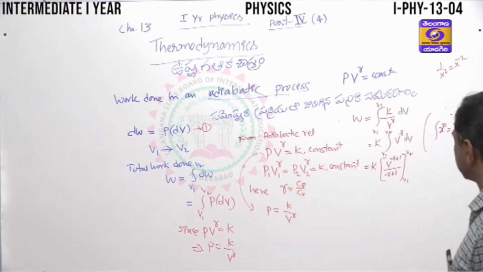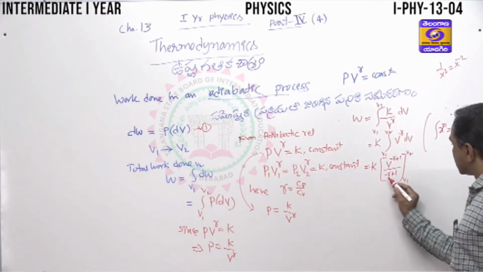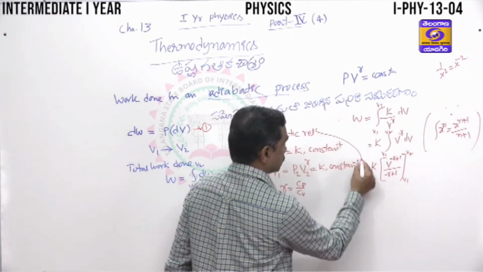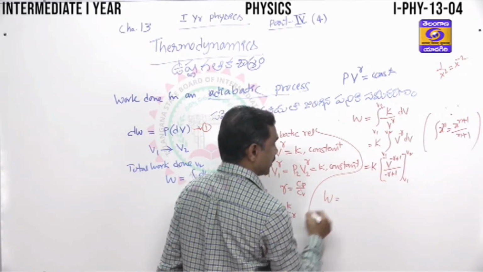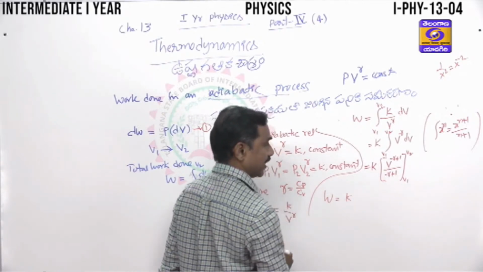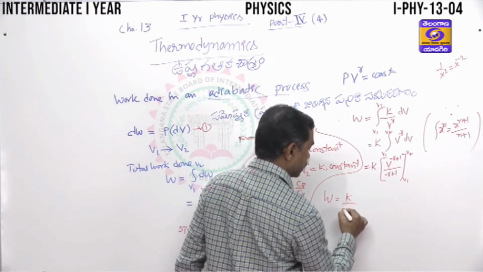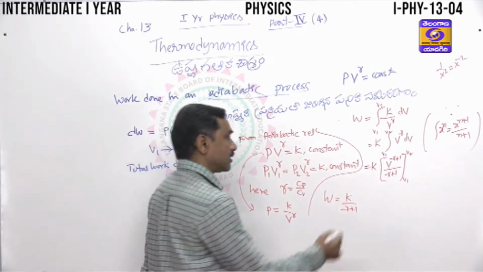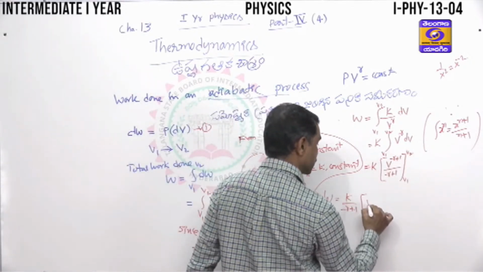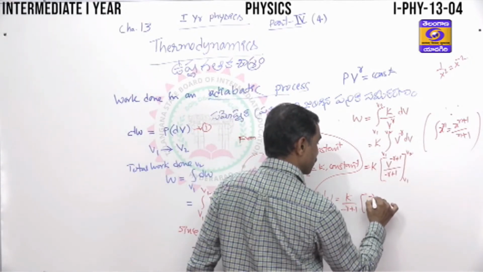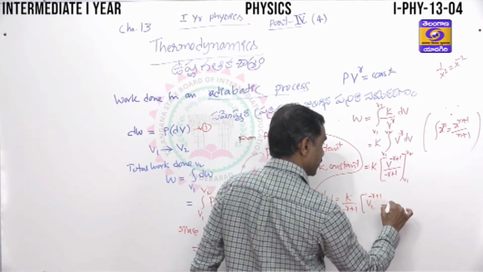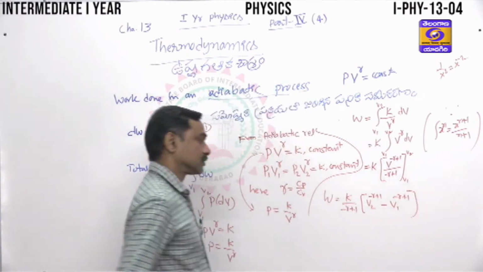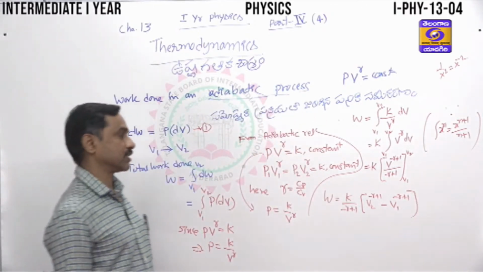Just integration, nothing else. Now this minus gamma plus 1 is a constant, so the total work done in the adiabatic process is given by K divided by minus gamma plus 1, that is 1 minus gamma, times V2 power of minus gamma plus 1 minus V1 power of minus gamma plus 1. Just substitution, nothing else.